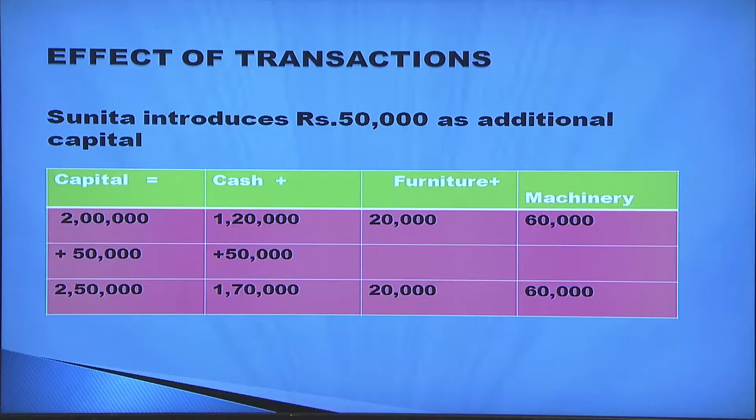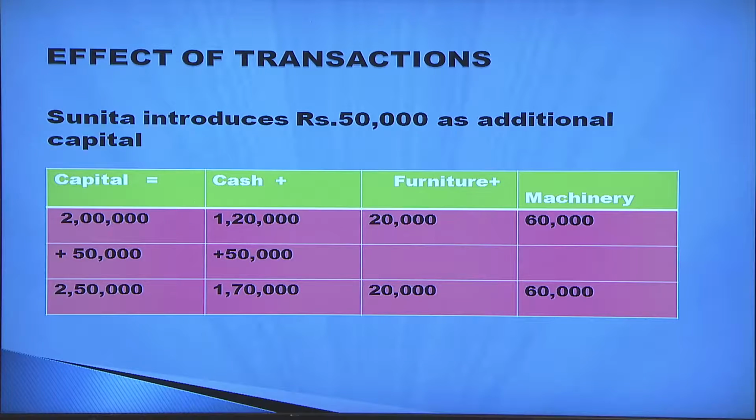Next transaction, Sunita introduces rupees 50,000 as additional capital. Earlier equation is 2 lakh equals 1,20,000 plus 20,000 plus 60,000. Cash plus furniture plus machinery. And here when she introduces 50,000 as additional capital, cash is increasing.